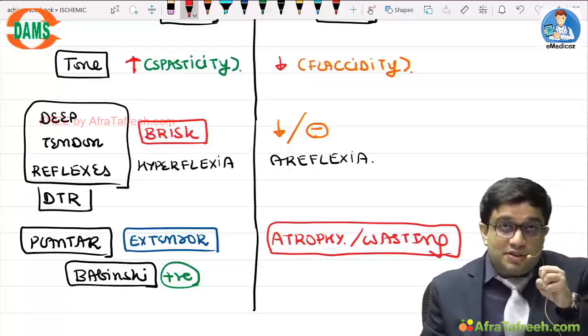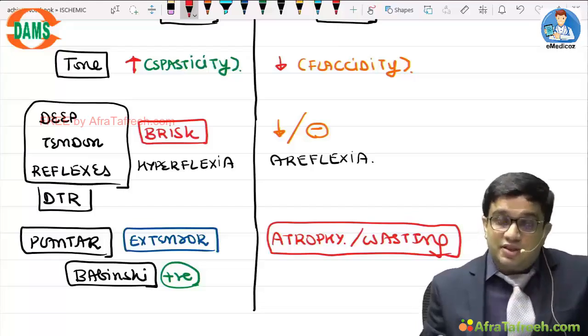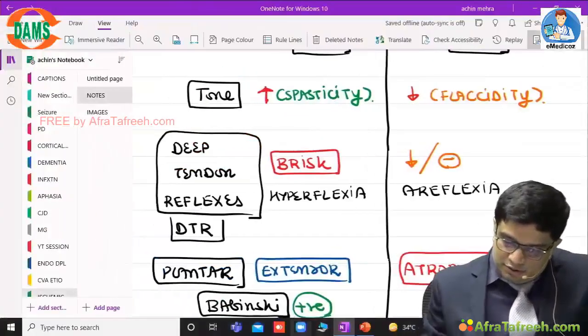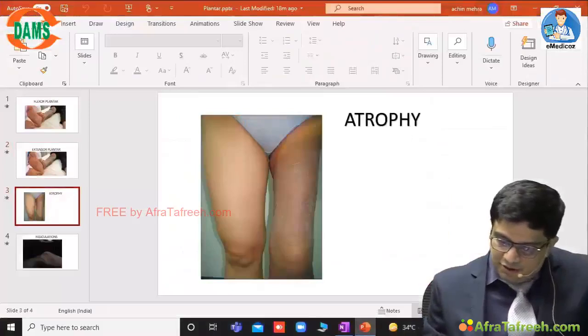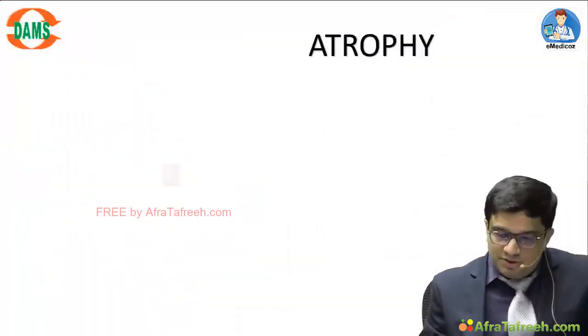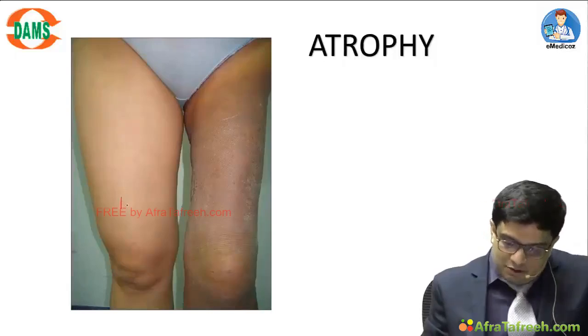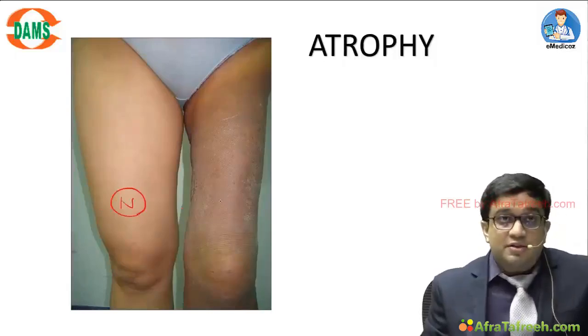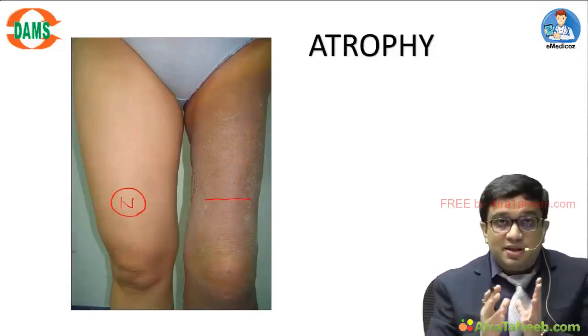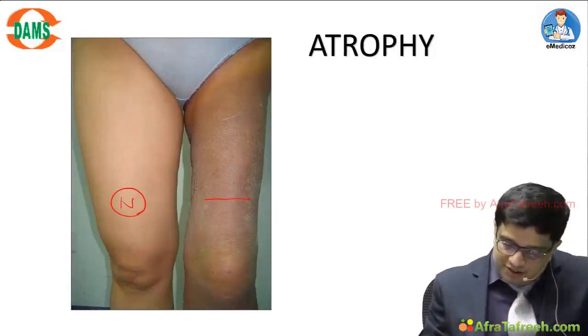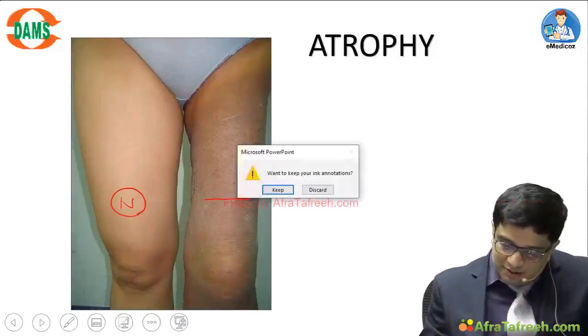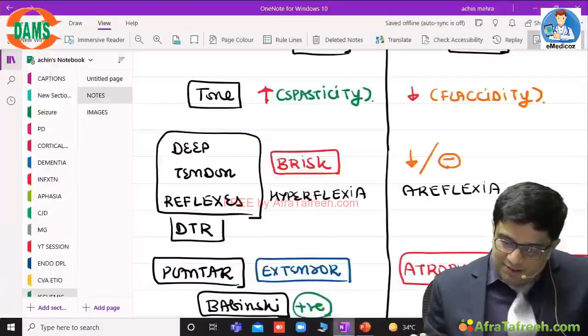Because of that, the muscle will undergo a lot of shrinkage, or what we know as wasting. So how do we look upon wasting? In a particular limb, when I compare it with the normal side, this would happen. So this may be the normal side and this is the abnormal side. In the abnormal side, you can see the muscle has shrunk. So atrophy and wasting is something which is very typical for an LMN kind of a lesion.